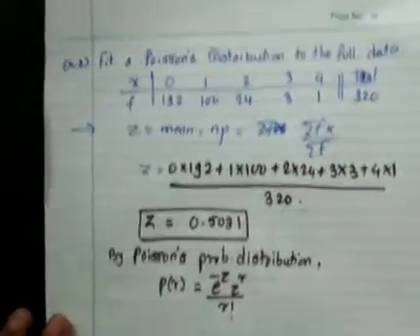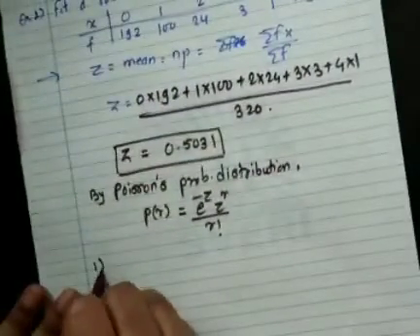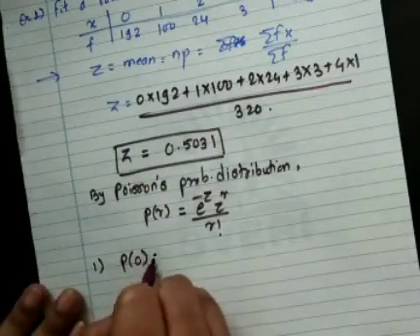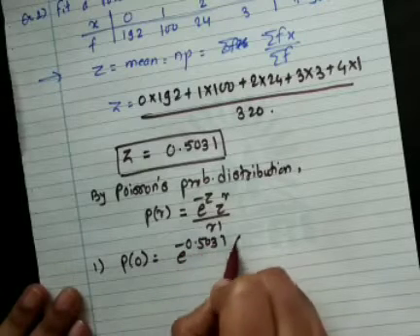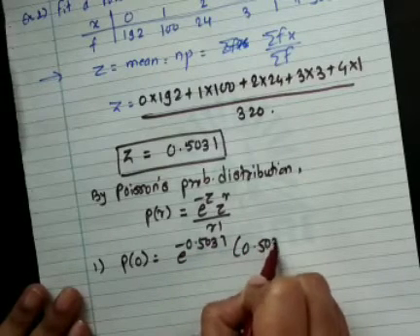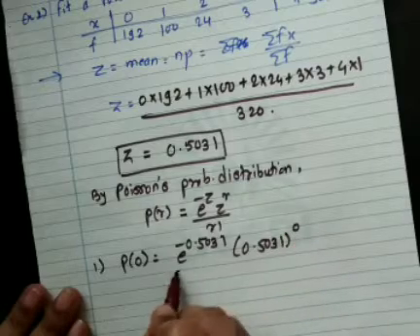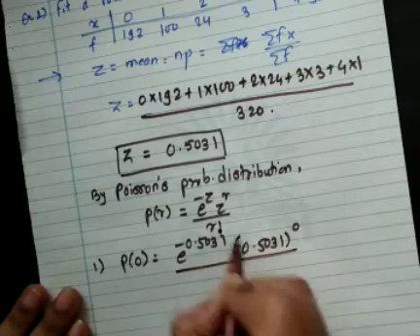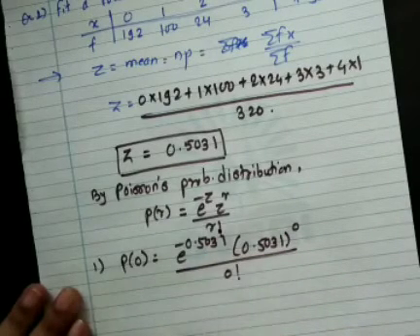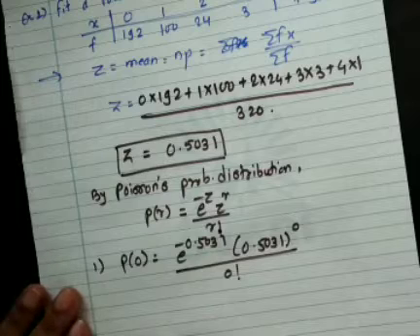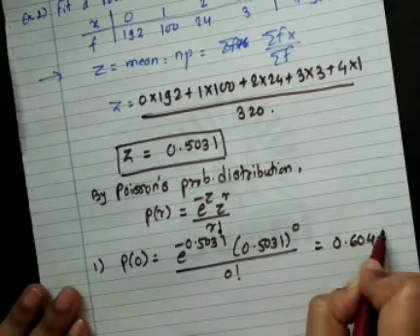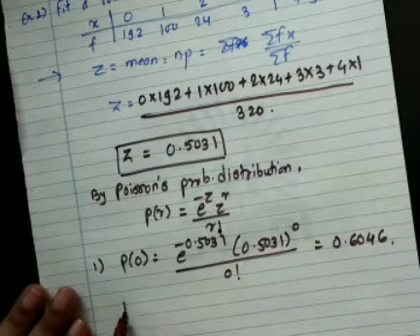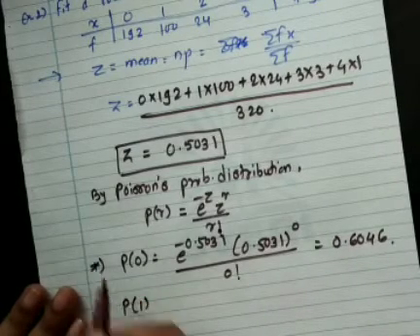So R are now 0 to 4. We'll first find probability of 0, that is e raised to minus 0.5031 into 0.5031 raised to 0 upon 0 factorial, that is equal to 0.6046.